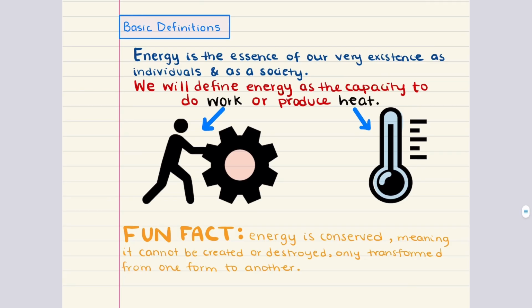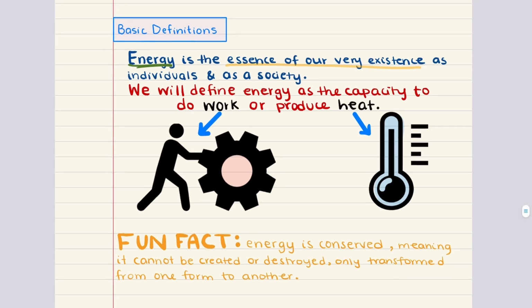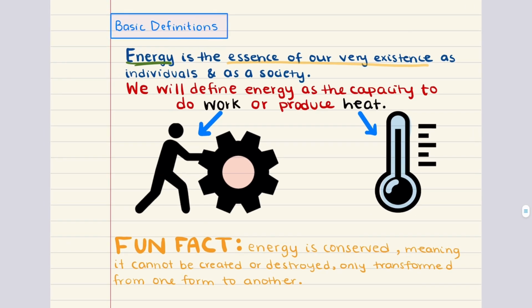In order for us to really discuss thermodynamics, we need to discuss energy. Energy is the essence of our very existence as individuals and as a society. The food we eat gives us the energy to live, work, and play, just as the oil consumed by manufacturing and transportation systems power our modern industrialized civilization.